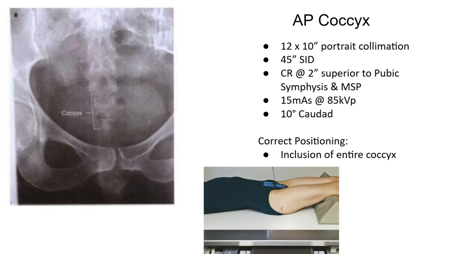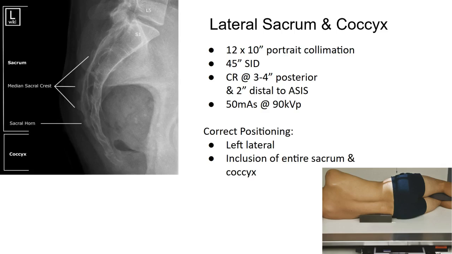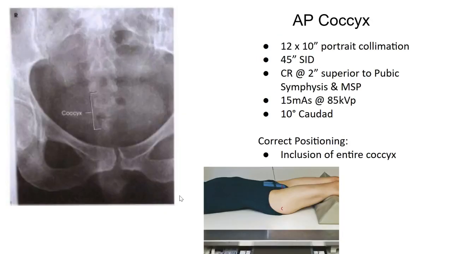Let's look at the AP coccyx. So it's the exact same positioning, 2 inches above pubic symphysis and mid-sagittal plane, same collimation. The only difference here is you're adding a 10-degree caudal tube angle. And if we go back a couple slides, that's to compensate for the curve, kind of the anterior curve of that coccyx.